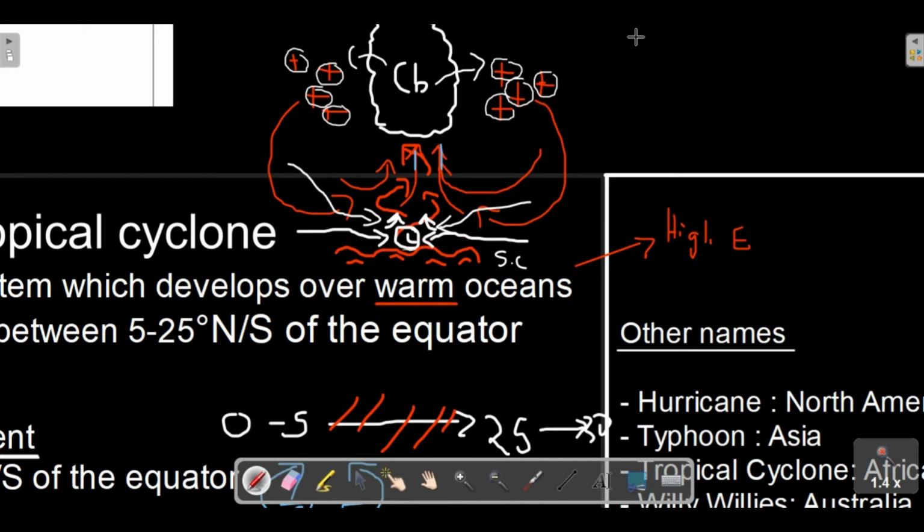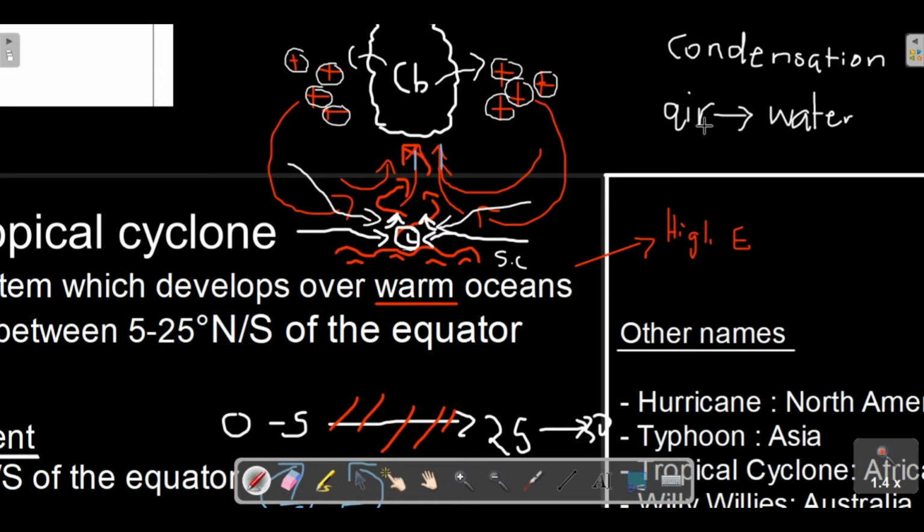Condensation is a phase change from gas to liquid, for us from air to water. Remember, clouds are made up of water particles, so we are changing phases from air to water.